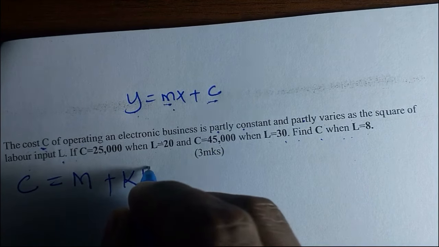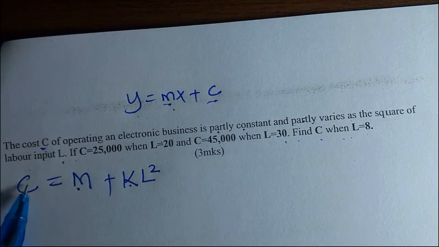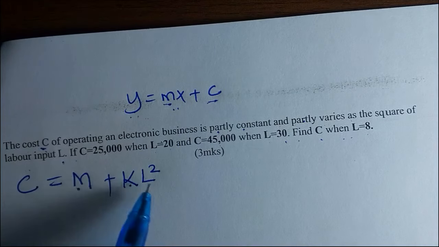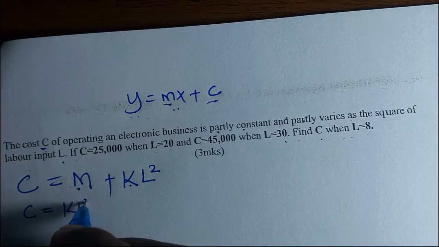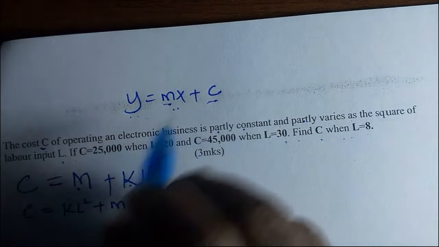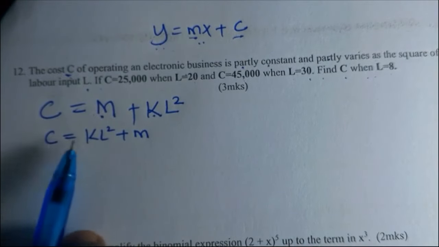This is my constant and this is another constant. So this is in the form of y is equal to mx. So I can even start, this is the same as C is equal to KL squared plus m. So this one, this and this are in the same form. Only the letters have changed.